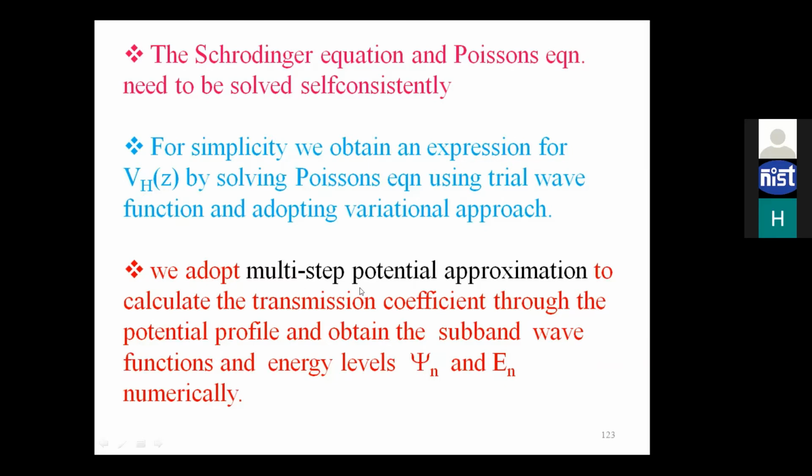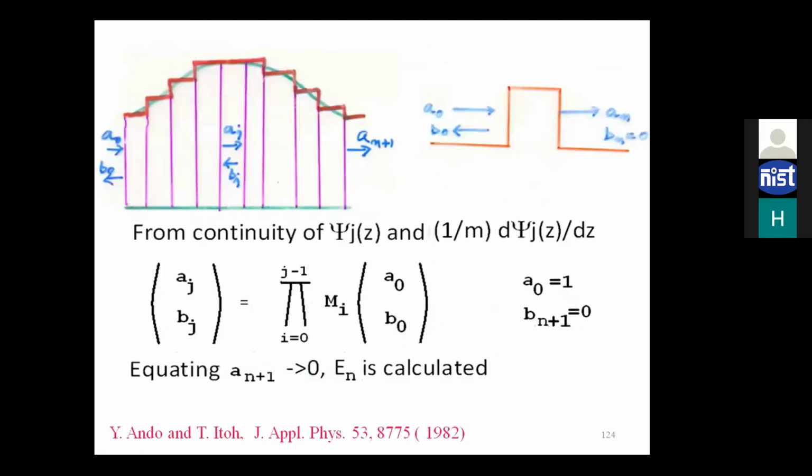Here we adopt the multi-step potential approximation to calculate the transmission coefficient for the potential profile and obtain the subband wave function and energy level, that is ψ_n and E_n, numerically. You can see here, take any potential, let us say this is an arbitrary potential. You just divide this whole potential into small parts.